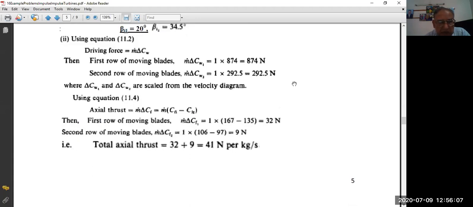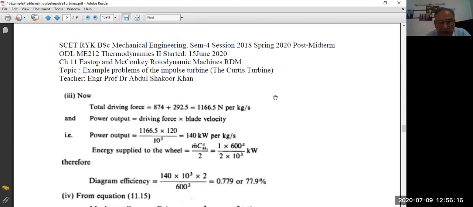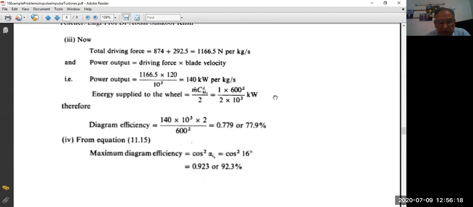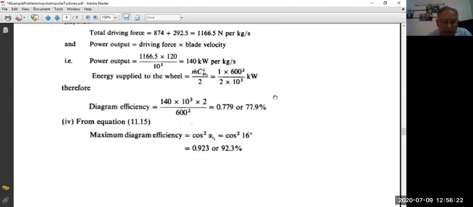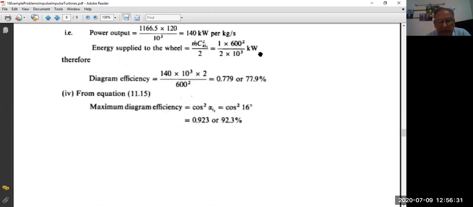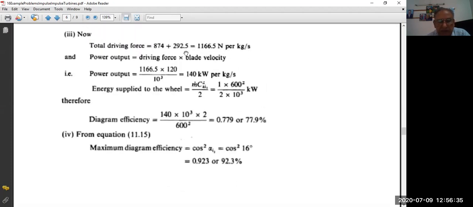So driving force is equal to your formula m dot delta CW. Here is calculation, and all others are done with the help of formulas in front of you. Now item 3 is similarly done with the help of formulas because data is already available from the velocity triangle drawn. What we need here for power output is driving force, which we have calculated, delta CW in wheel 1, delta CW in the rotating wheel 2, and this is this much.